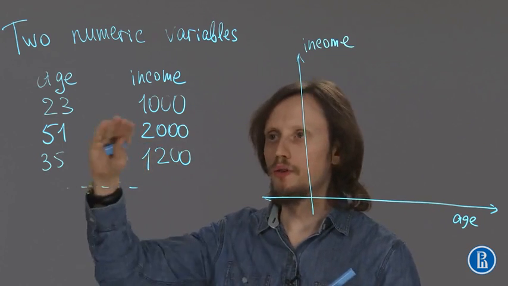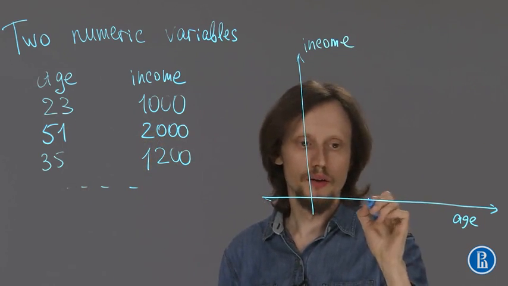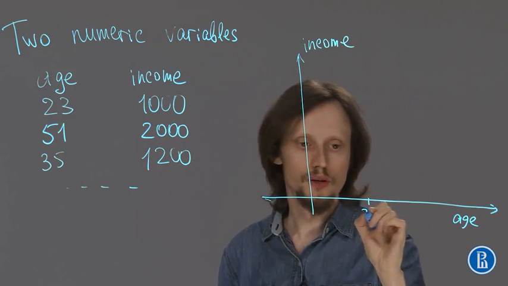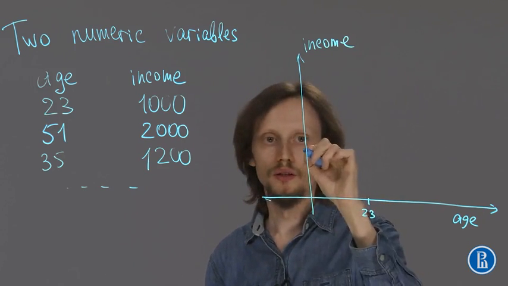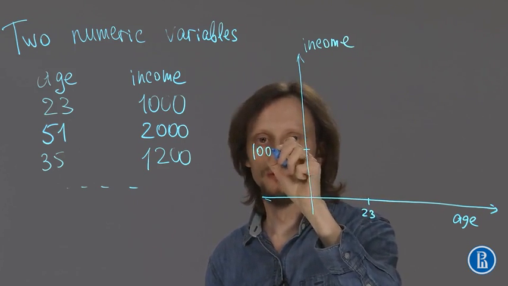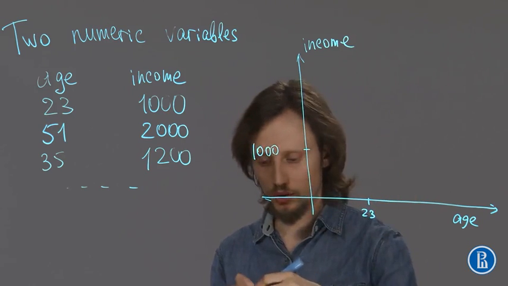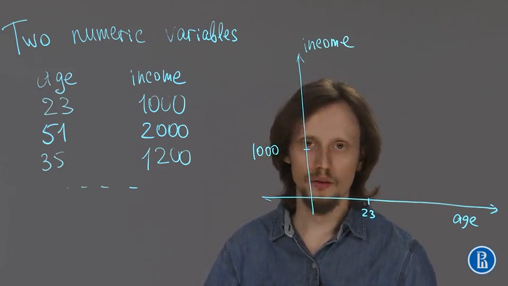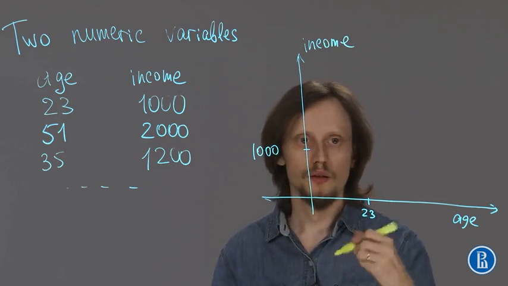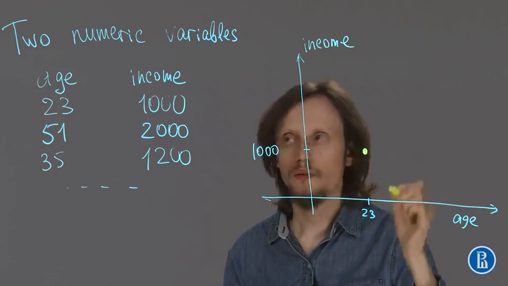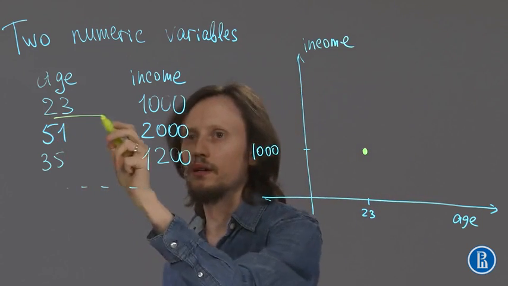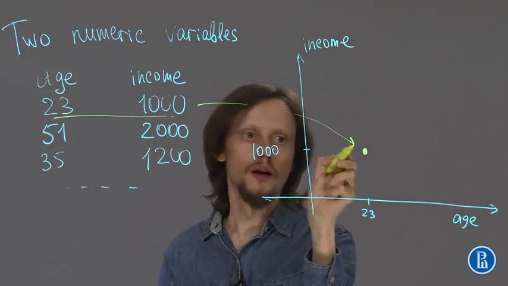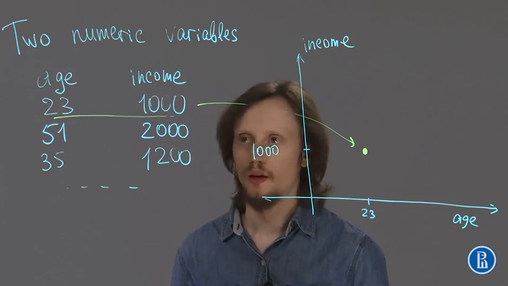So, for example, the first point here, of age 23 and income 1000, corresponds to the point somewhere here. This is the first item of my dataset.